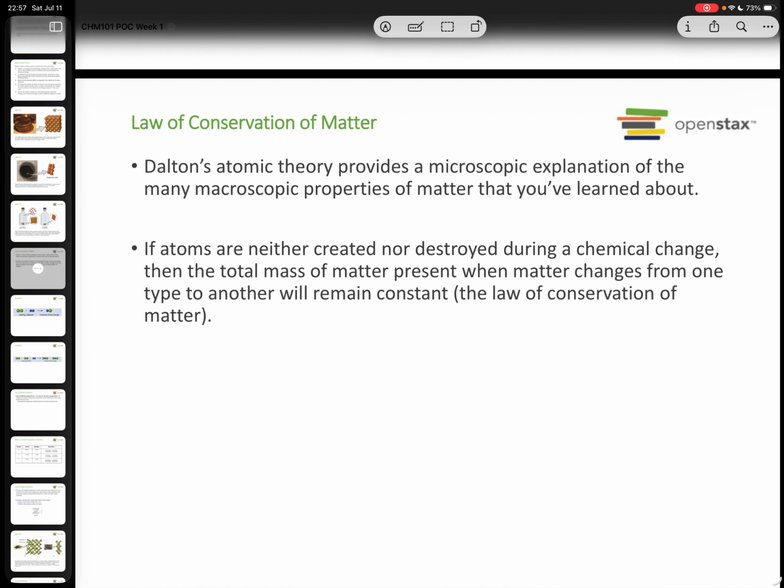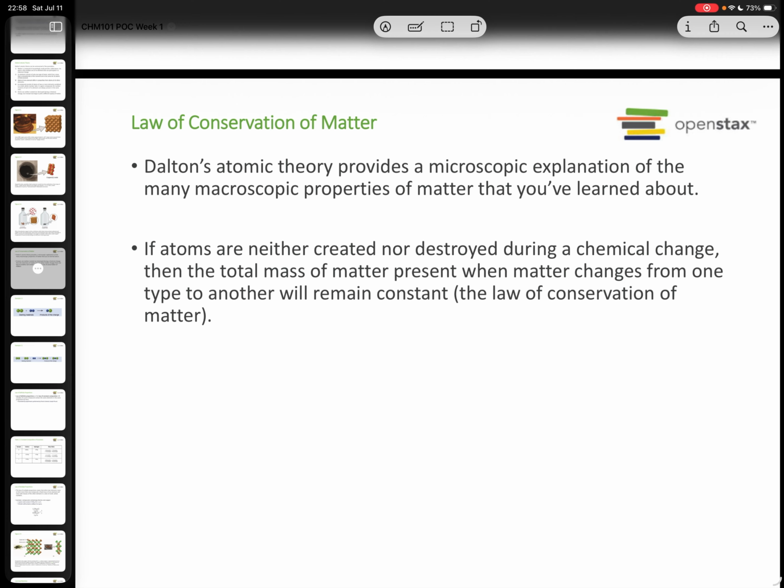Dalton's atomic theory gives a microscopic explanation for a macroscopic observation or macroscopic property ng isang bagay. So, macroscopic means we observe it at the scale of the laboratory, like masses, solids, gases, and liquids.